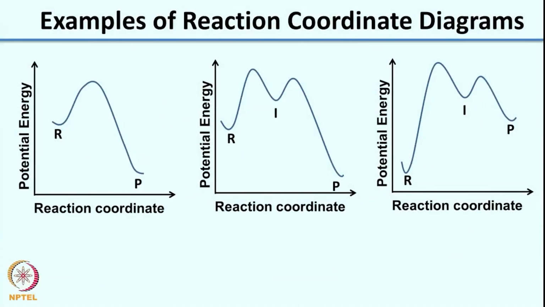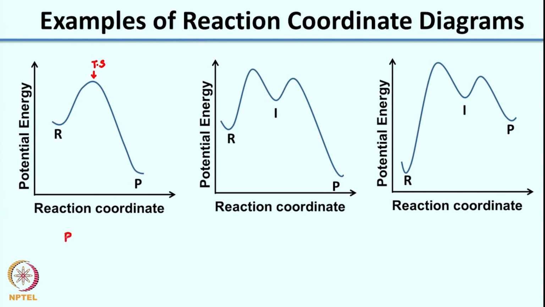So, in each case what you have is your reactant, product, and as I told you in the last class, the hill corresponds to a transition state. So, in the first case what you see is you have a simple reaction of R going to P. It looks simple on the reaction coordinate, it might be quite complicated, but by simple what I mean is it has only one hill or one transition state to cross.